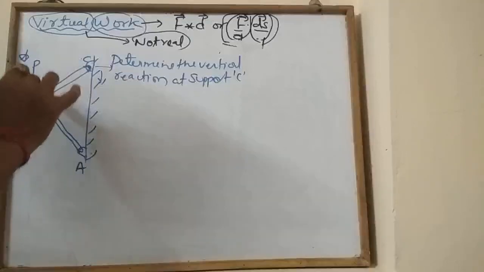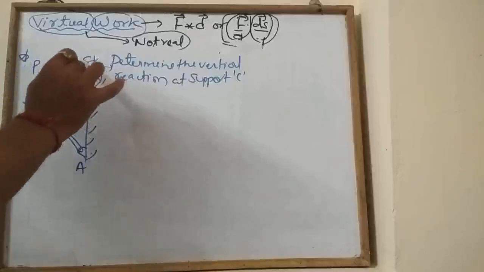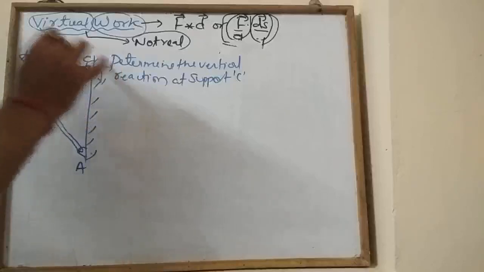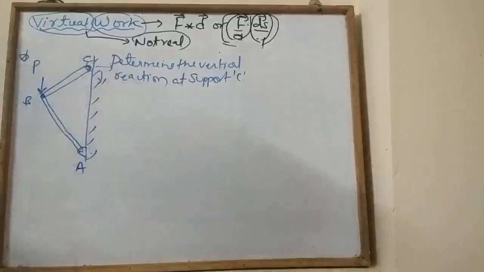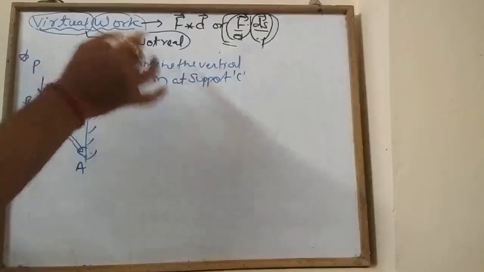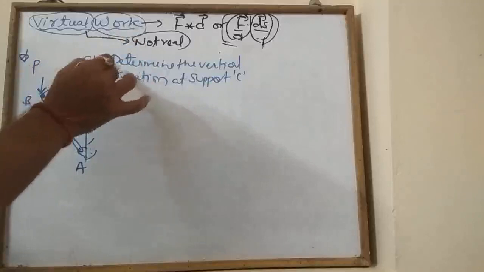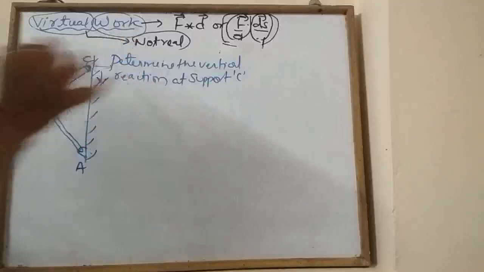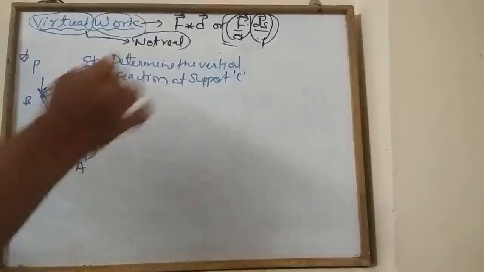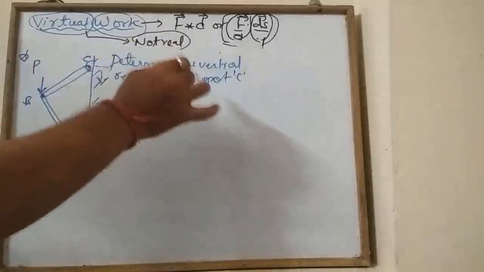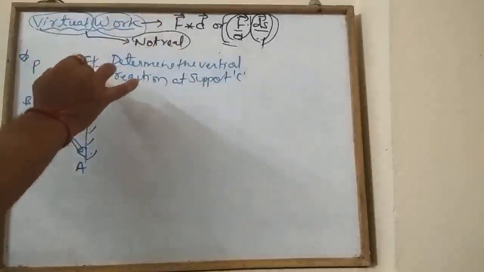But it is not moving because point C is constrained. But the question is asking for the vertical reaction at support C.